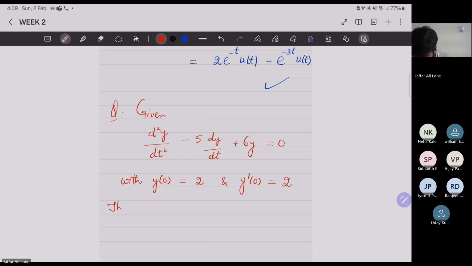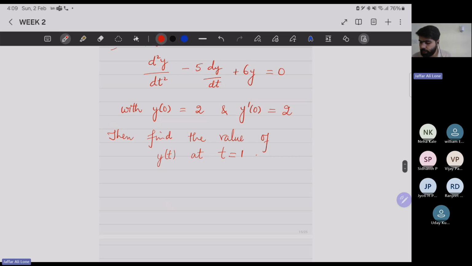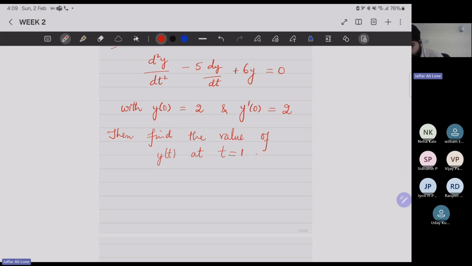Then find the value of y(t) at t equal to 1. This is actually a very important question, and it will clear many of your concepts. In this question we will have inverse Laplace, so we have partial fractions, and we also apply the properties of Laplace transform.